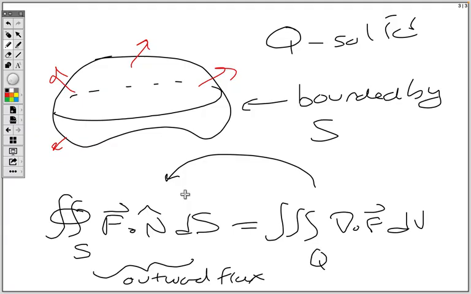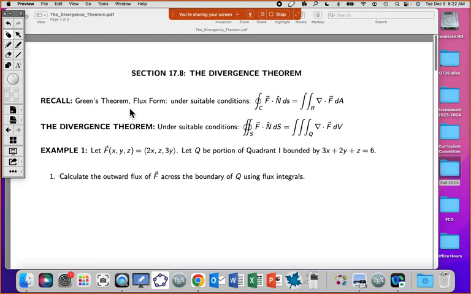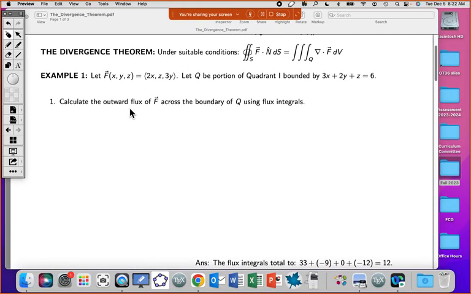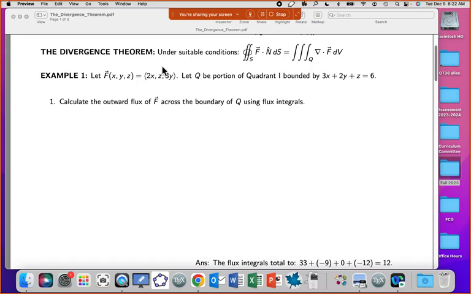All right. So once again, how do we use this in this course? We're going to use this as an excuse to go back and review how triple integrals work and how surface integrals work. Okay. All right, so there's the divergence theorem. Example 1, here's this field 2x, z, 3y.